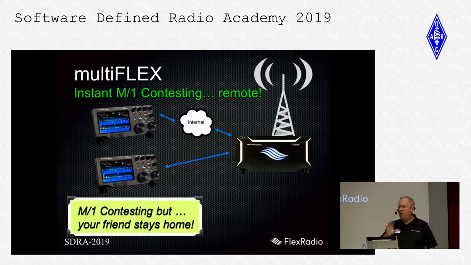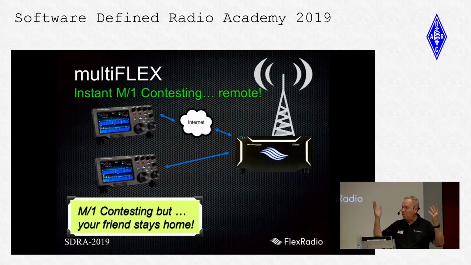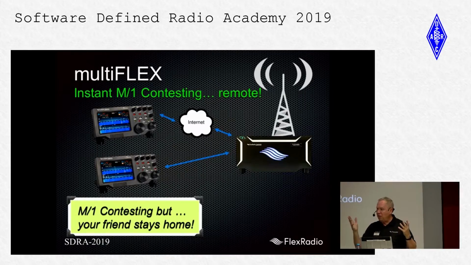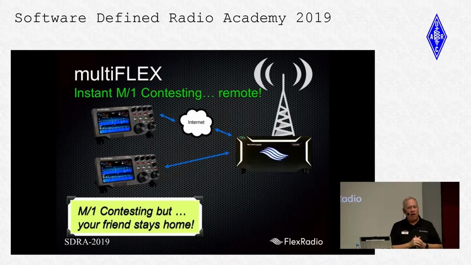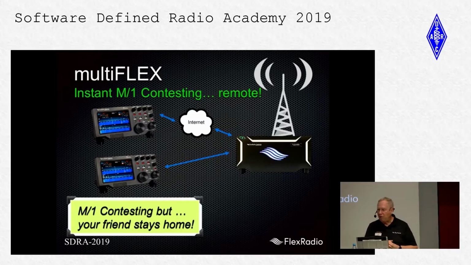So we have had contests run in this situation where both partners are on the internet sitting in their home QTH, and the station is at an ideal location thousands of kilometers away, potentially. And you're both able to have a contest experience on that radio.